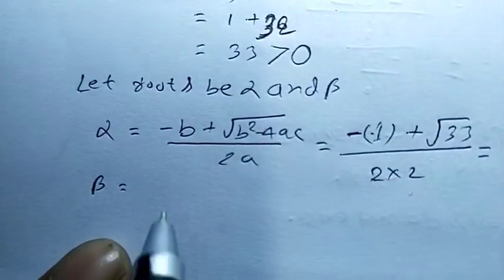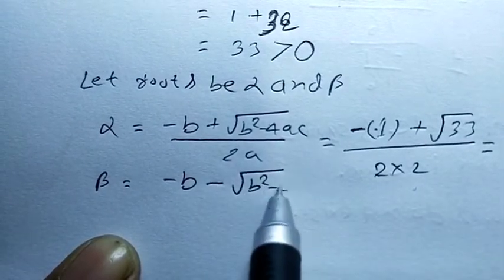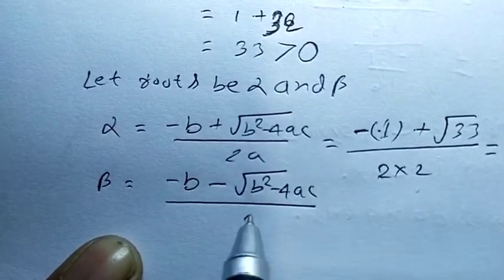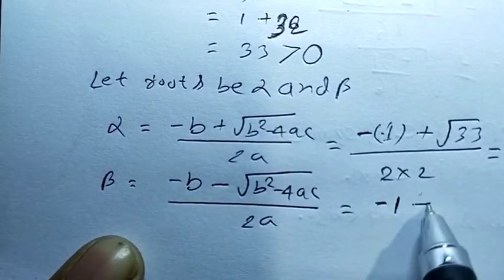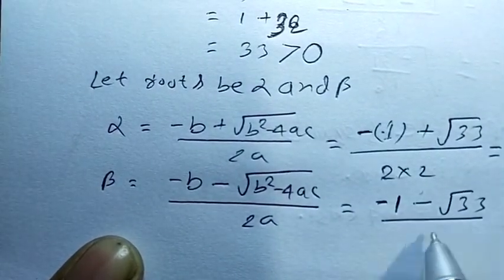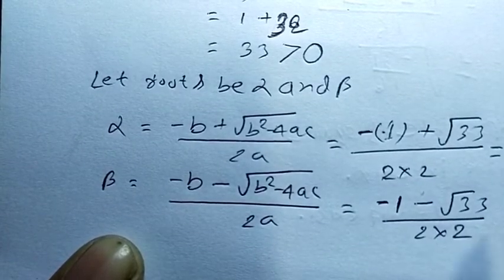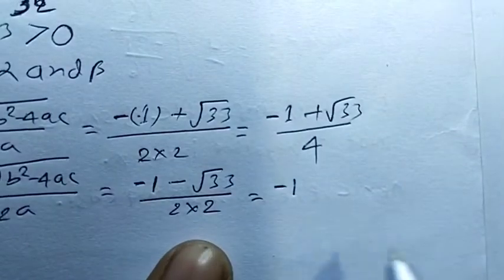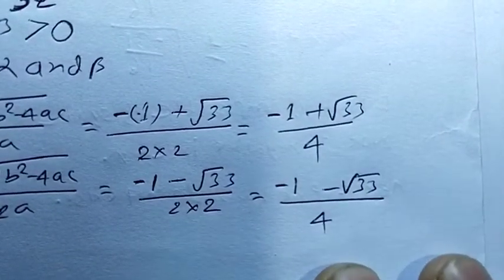Beta is equal to minus b minus root under b square minus 4ac by 2a, is equal to minus 1 minus root under 33 by 2 into 2, is equal to minus 1 minus root under 33 by 4.